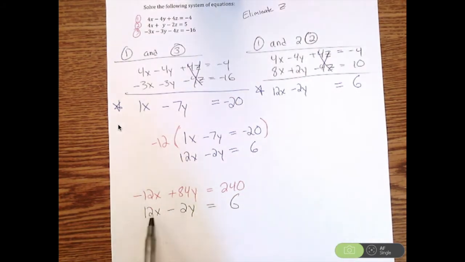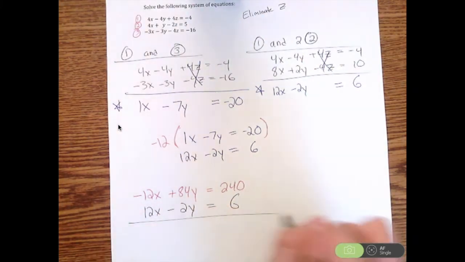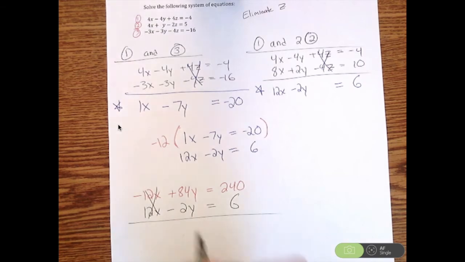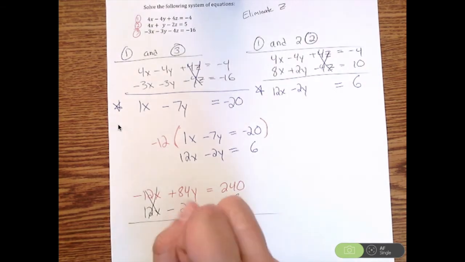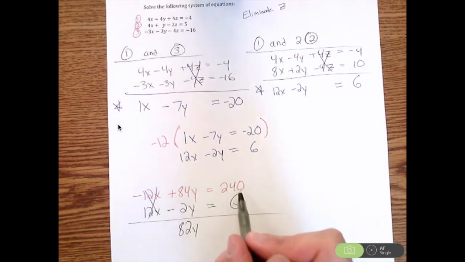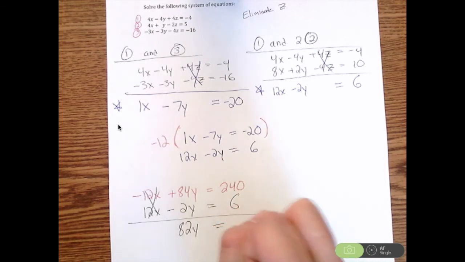Notice how I have a positive 12x and a negative 12x. So when I combine these, x's eliminate, which is what we wanted. I have 84y minus 2y, so I get 82y. And then on the right side, I have 240 plus 6, so 246.